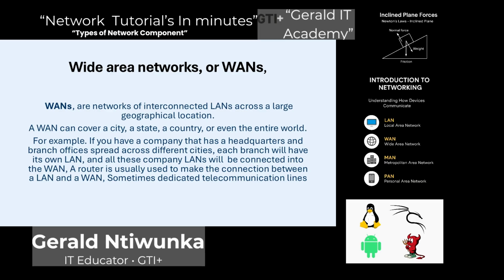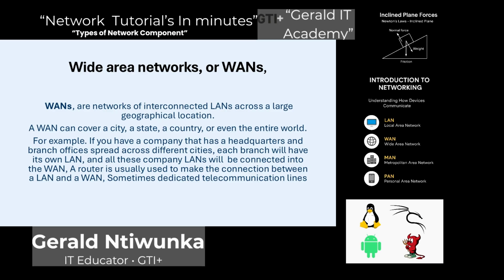Just for example, if you have a company that has a headquarters elsewhere, and you have branch offices spread across different cities in that particular state or country, each branch will have its own local area network within that company premises.